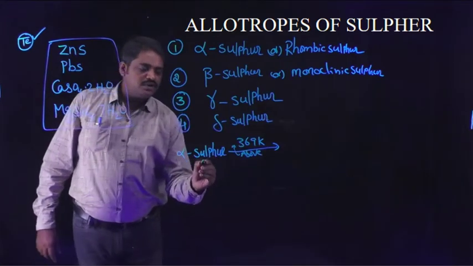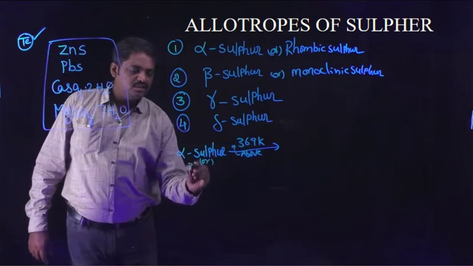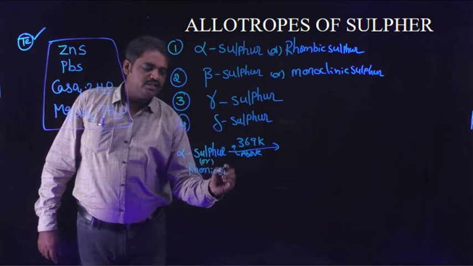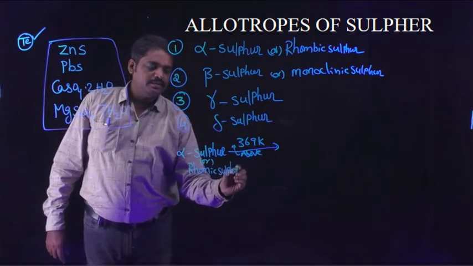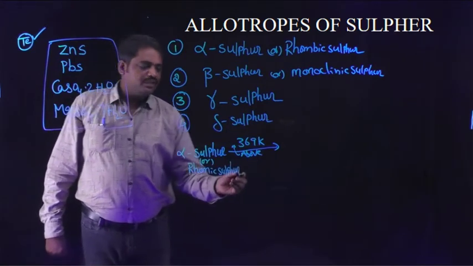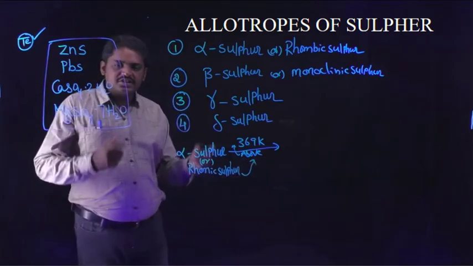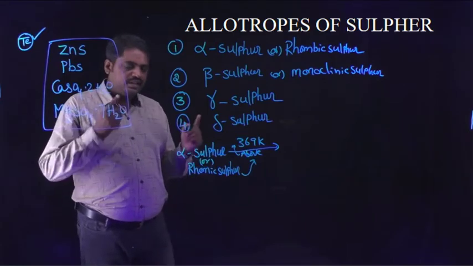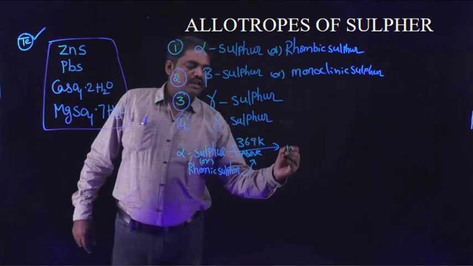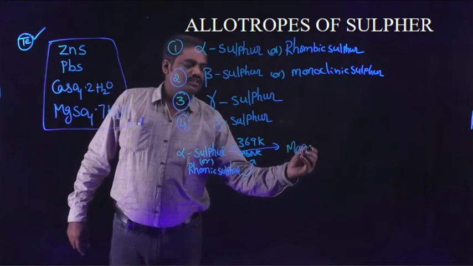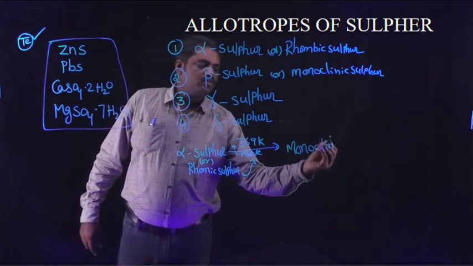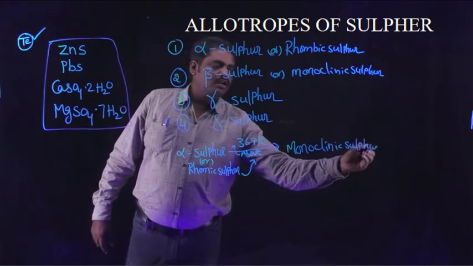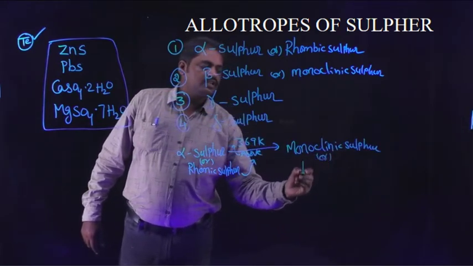That means rhombic sulfur, when heated above 369 kelvins, is converted to monoclinic sulfur, or beta sulfur.